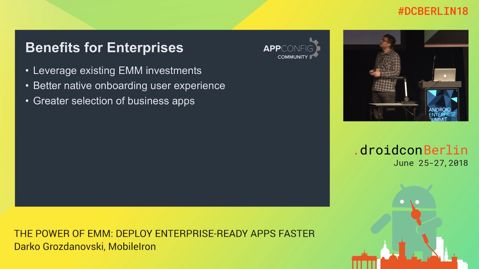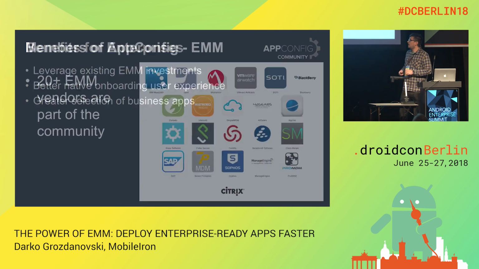Why is this good for the enterprises? Because again, they have access to a huge ecosystem of applications and integrations which are pretty much guaranteed to work, right? It's much easier to get users onboarded on this application, so they are optimized for the enterprise.